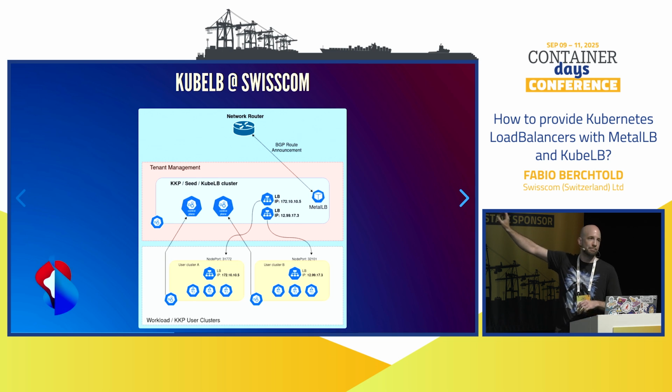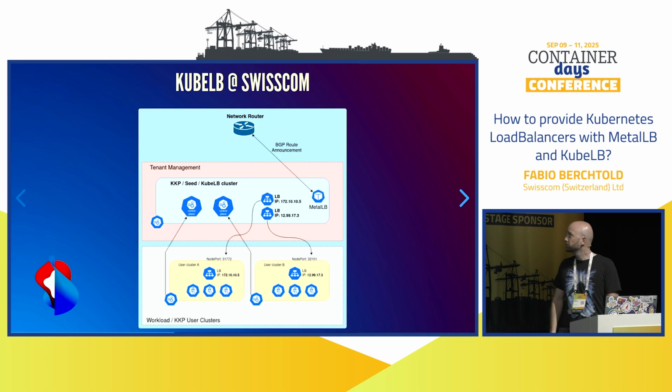So he could only mess up his specific CCM and not interfere with the one of other clusters. So even that is separated from each other. And yeah, this way we can provide load balancers to customers without them being able to interfere or mess with our networking infrastructure.